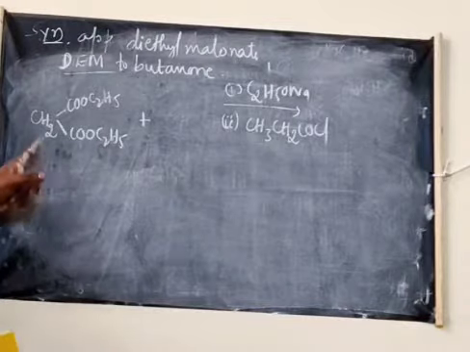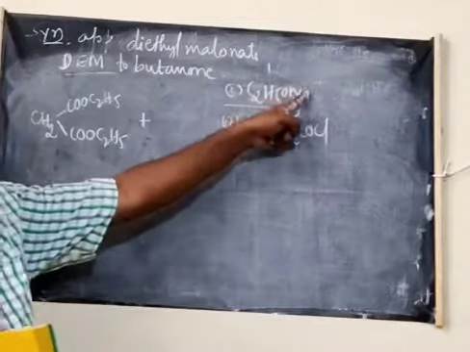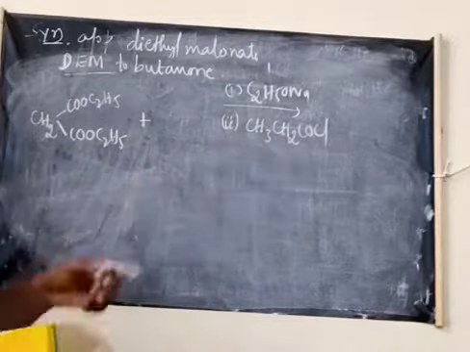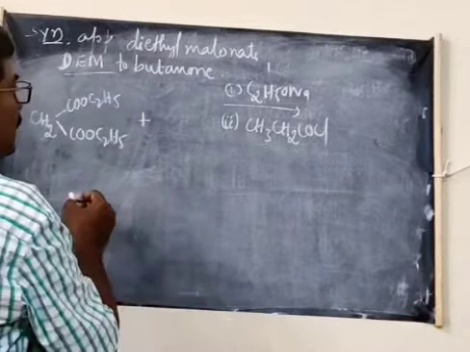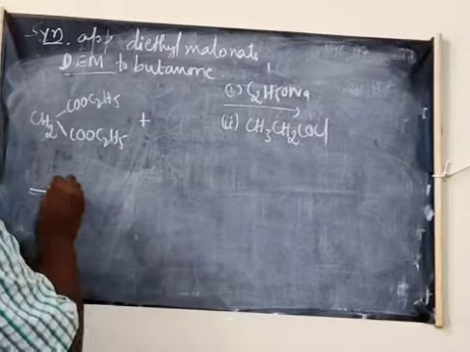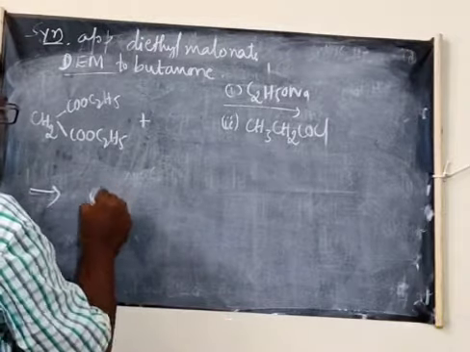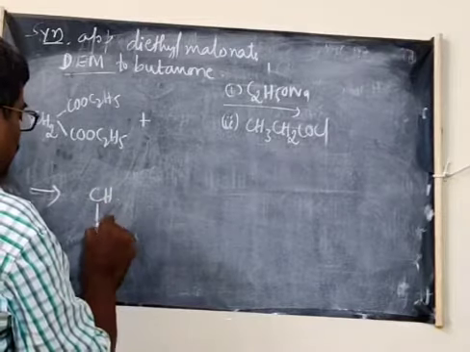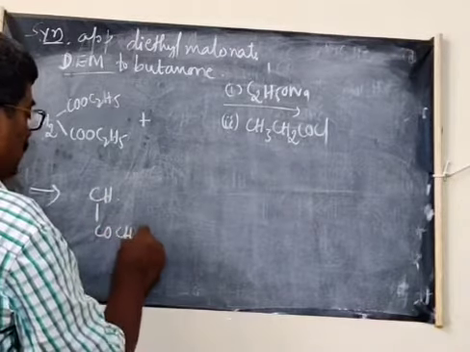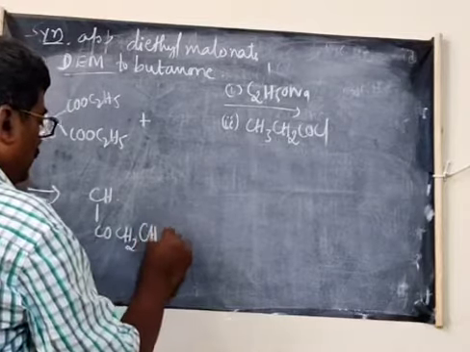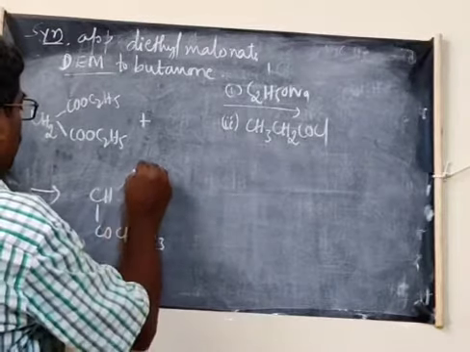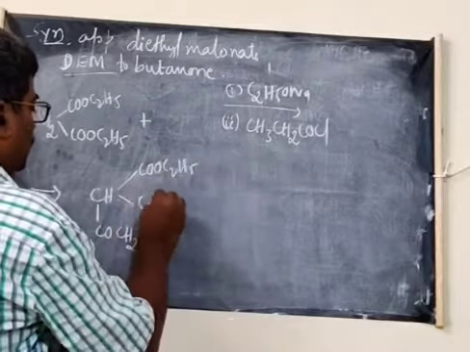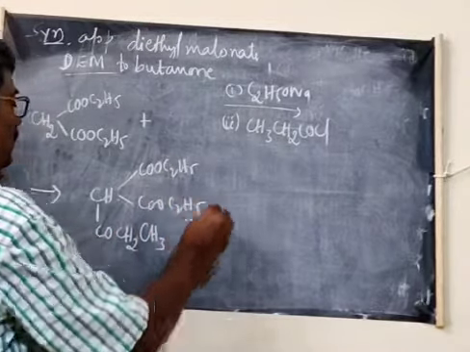Hydrogen atom is replaced by sodium, and that is replaced by COCH2CH3. It gives this intermediate compound, CH(COCH2CH3)(COOC2H5)2.